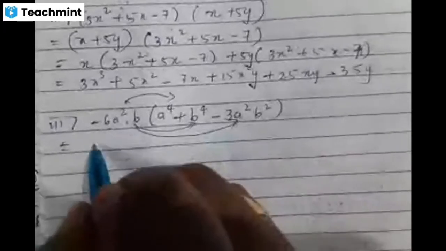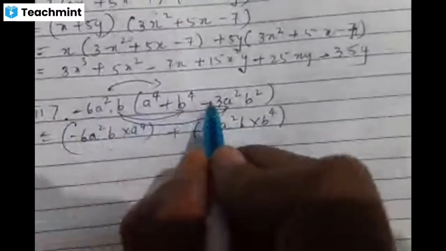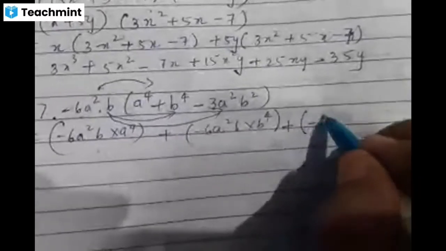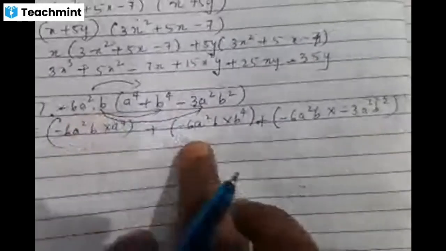That is minus 6a square b into a to the power of 4, plus minus 6a square b into b to the power of 4, minus into minus, or I'll keep plus as it is, minus 6a square b into minus 3a square b square. So each term we are going to multiply.